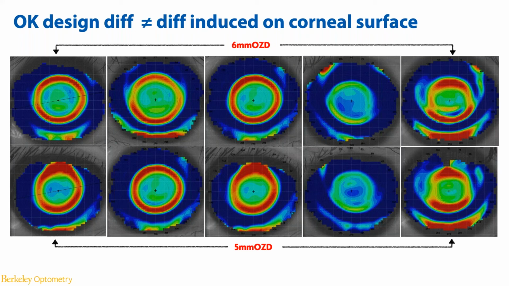But if you pay closer attention to the top row, which are the same eyes wearing the 6mm OZ, you can see at least for the first three with the larger treatment area, they tend to have a slight undercorrection at the corneal apex as compared to the 5mm counterpart. So the number one indication I would use for a 5mm OZ for troubleshooting is those who had a slight pseudo-central island with a 6mm CRT.